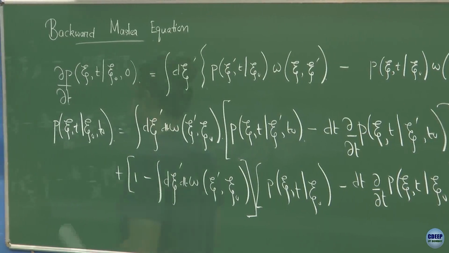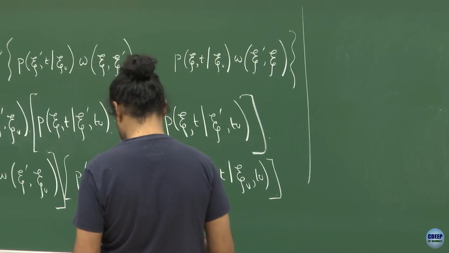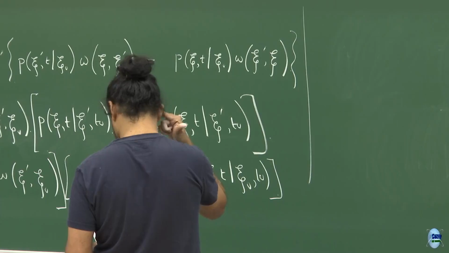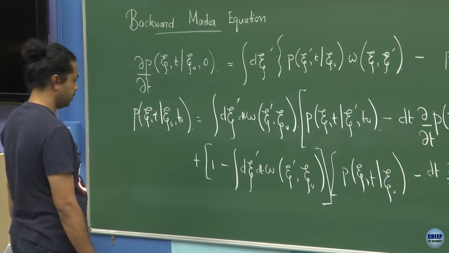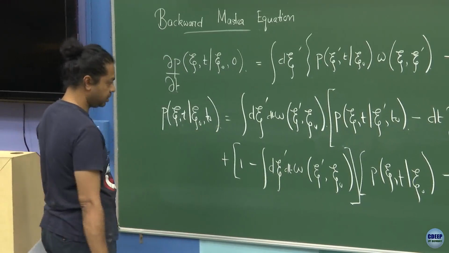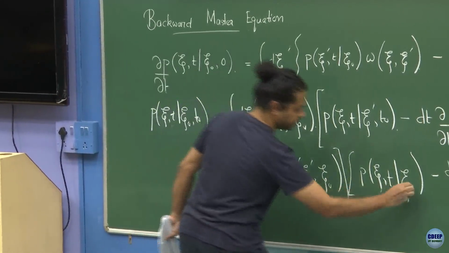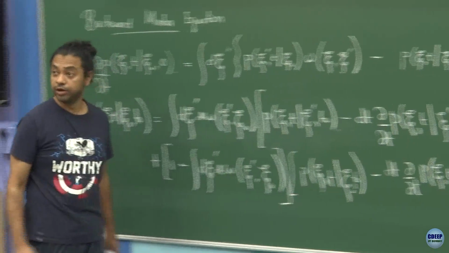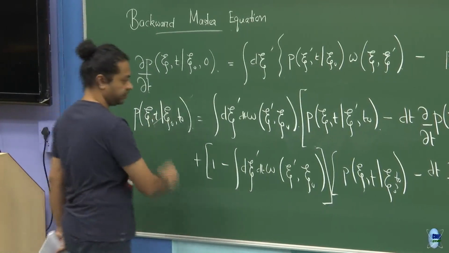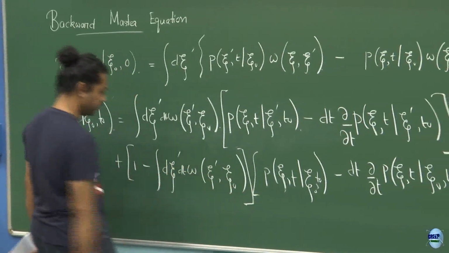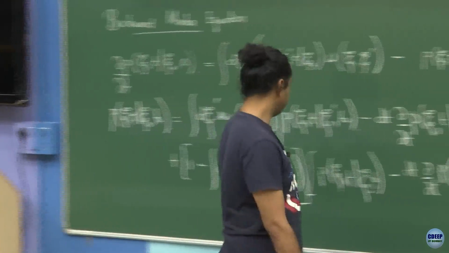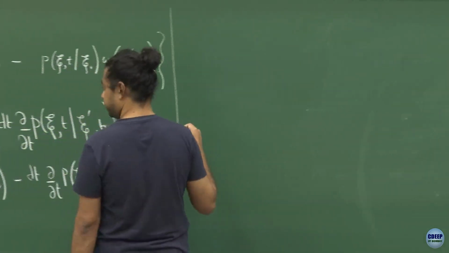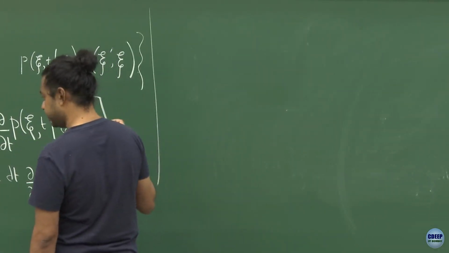Okay. I want a derivative of p of psi, t. So, p of psi t given psi naught t naught. I have a p of psi t given psi naught t naught over here, right. So this cancels with this term over here, and what I am left with is, I will keep only terms up to order dt.